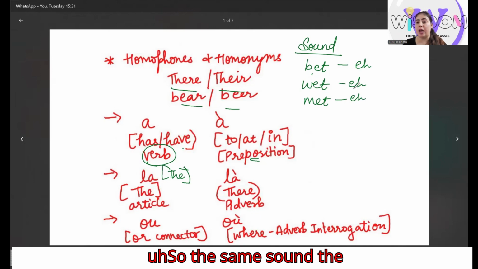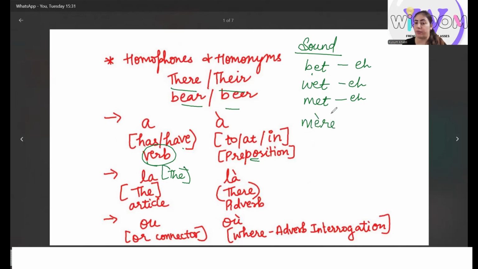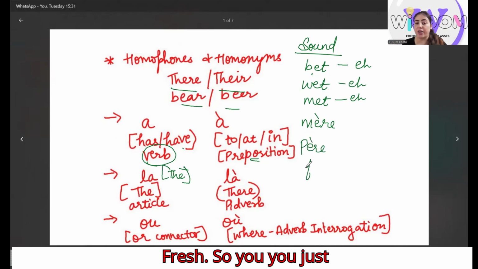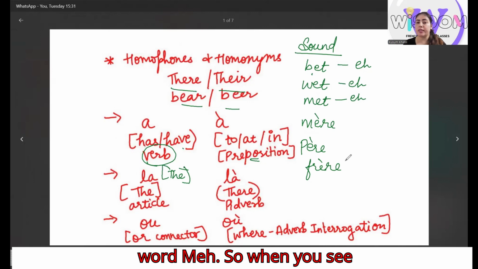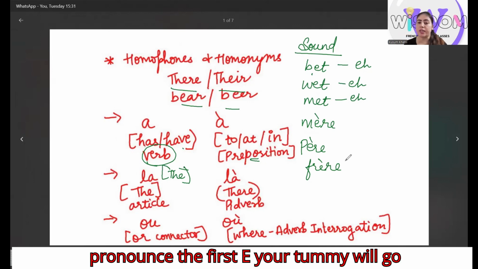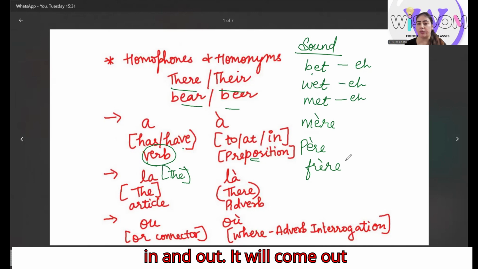The same sound the grave accent also takes in the words mère, père, fraîche. So you just keep the hand on your tummy and speak the word mère. When you pronounce the first E, your tummy will go in and out. Mère, achète, fraîche, achète.